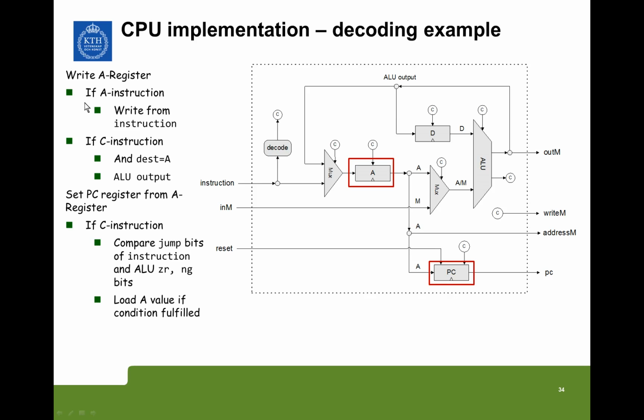So for example, here, if the control can see that this is an A instruction, then immediately we know that the rest of the instruction should be written to the A register.